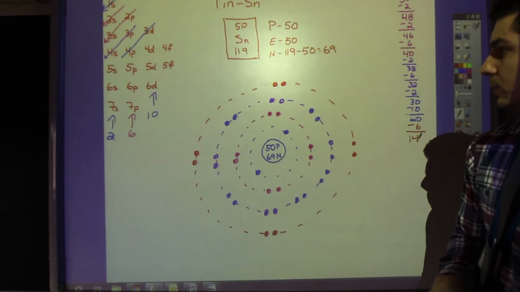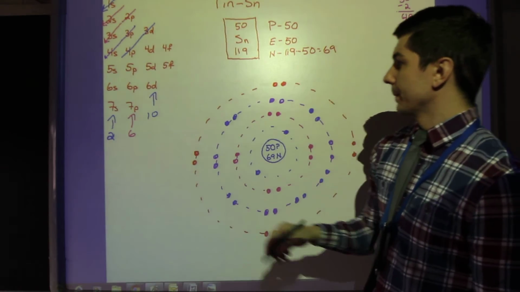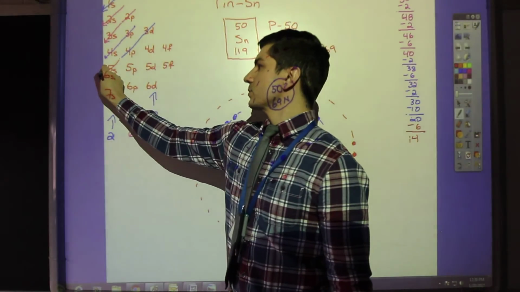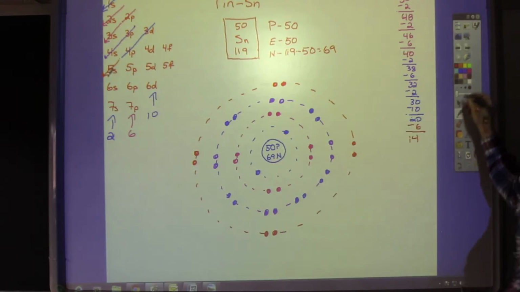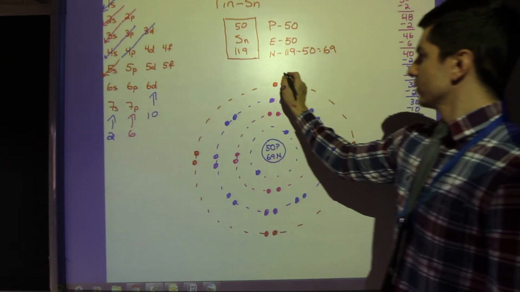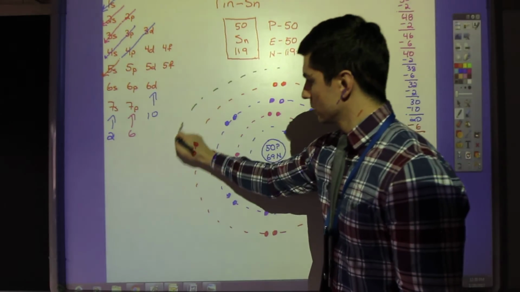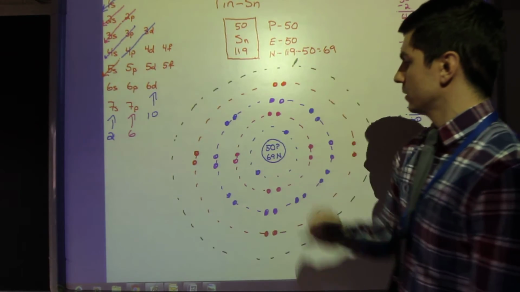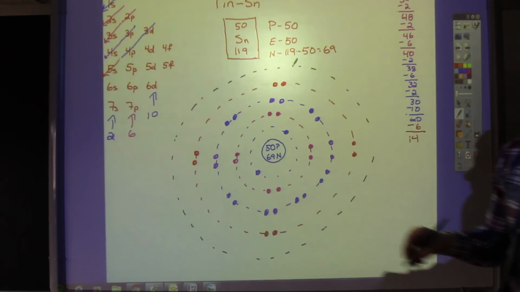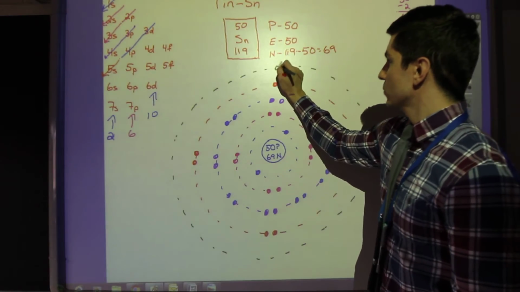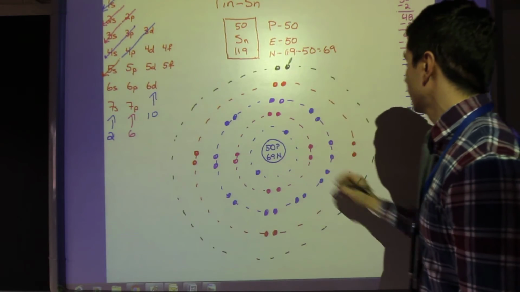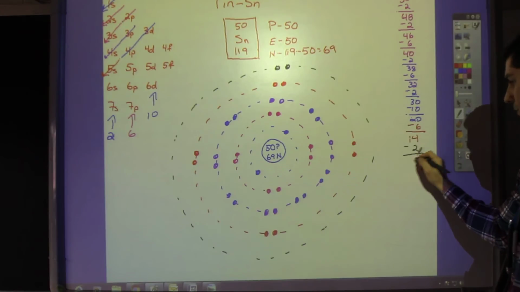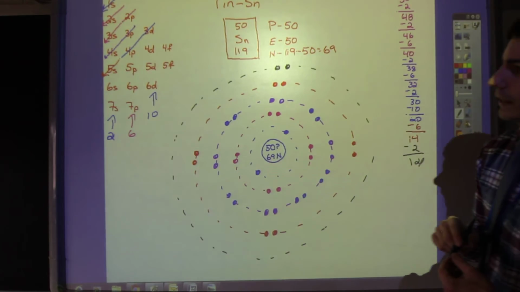I have 14 left to put in, and my 4p is done. After 4p comes 5s. I'll just use black for this one, just so you guys can see the different shells, have the colors to differentiate them. So 5s, we're going to put 2 in for it. Subtract 2, I have 12 left to put in.